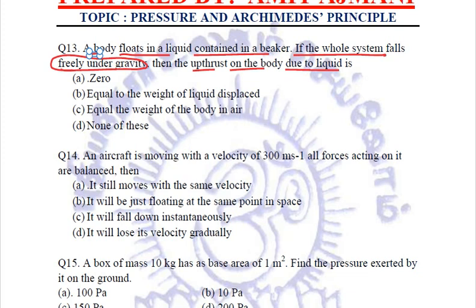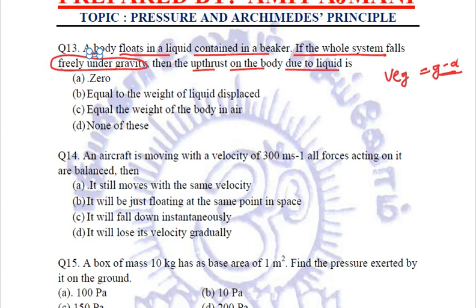Now we know the upthrust, the formula we have simply seen, is equal to V into density into g. Now here we can also relate it to be g minus a, where a is the downward acceleration and V is the volume of liquid displaced.